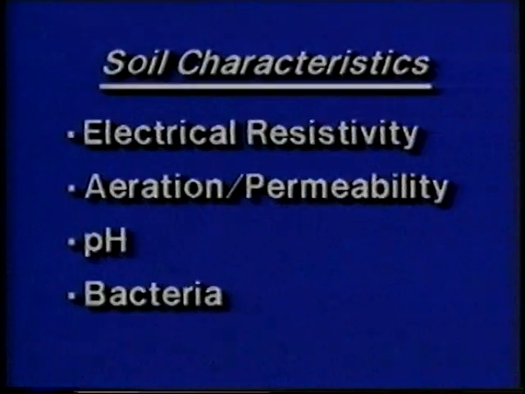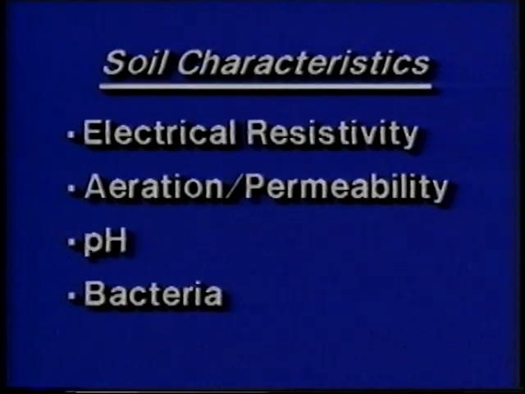Some of the characteristics that are important in soil corrosion are listed in the next slide. What we call out here as being important are the electrical resistivity of the environment itself, which we can measure with resistivity or conductivity measurements, and the amount of aeration and/or permeability in the environment.